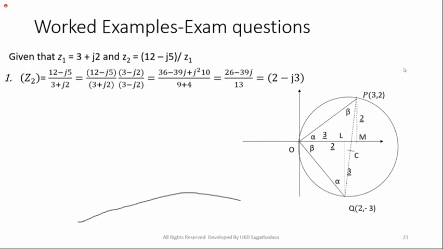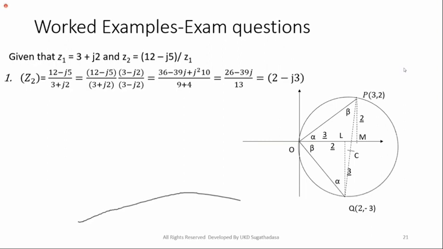Apart from the hypotenuse, the other sides are 2 and 3 for both triangles, because the P coordinates are (3, 2), the other is (2, minus 3). As far as the absolute values are concerned, one triangle has distances 2 and 3, the other one has 2 and 3, the same. But the positions are different. These we call similar triangles.